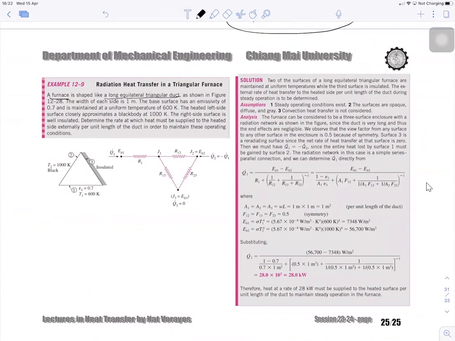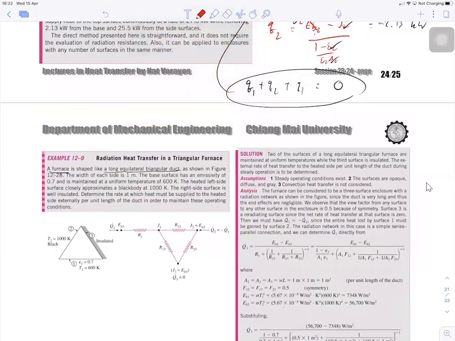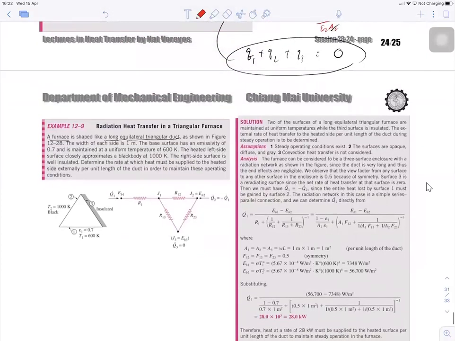The base surface is not black, and its temperature is 600 Kelvin. The left side is a black body at temperature T2, 1000 Kelvin. The right side is well insulated.